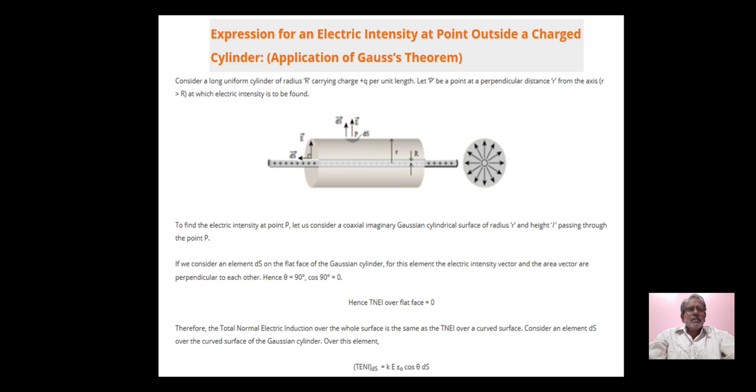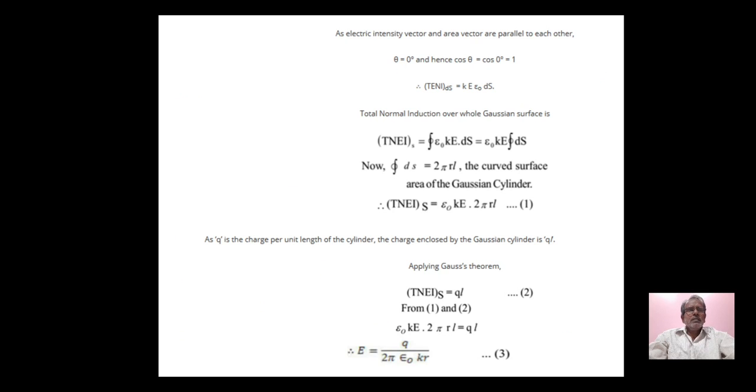In this case, normal electric induction over surface element ds lying on the Gaussian surface can be put equal to k E epsilon naught cos theta into ds, and theta is equal to 0, so it's equal to k E epsilon naught ds, and integrating over the entire Gaussian surface, we get it equal to epsilon naught k E into 2 pi RL, where 2 pi RL is the curved surface area of the Gaussian cylinder.